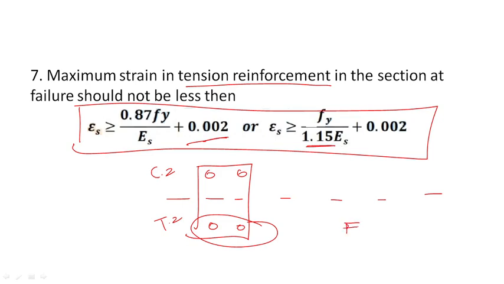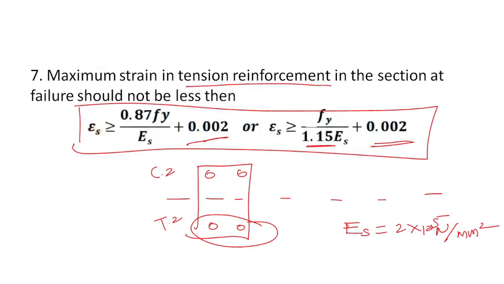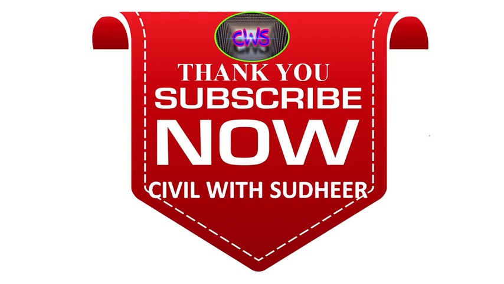Right, Es is Young's modulus of the steel, that is 2 into 10 raised to power 5 Newton per mm square. This is the seventh limit state method assumption.